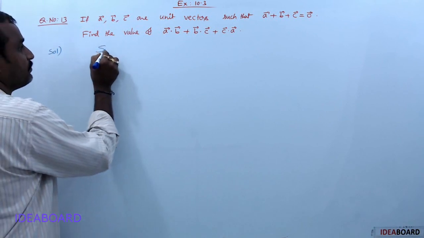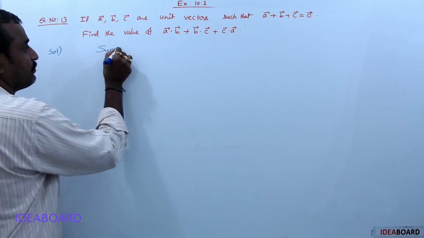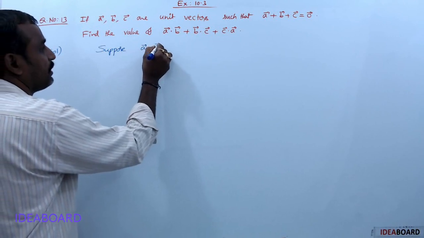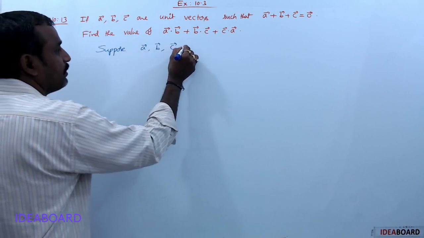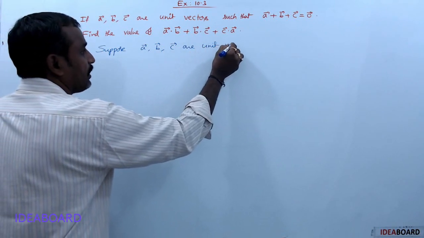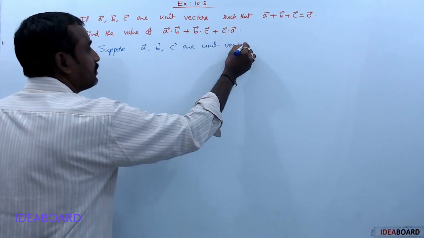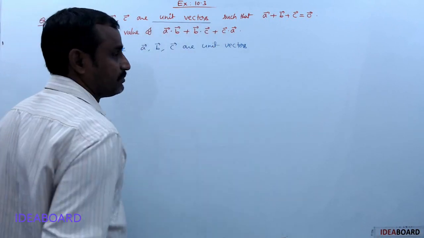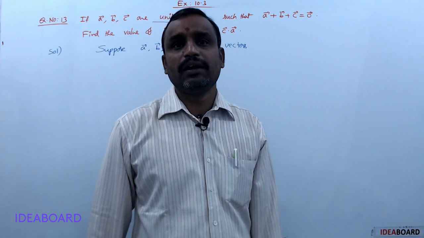Suppose a bar, b bar, c bar are unit vectors. According to the question, these three are unit vectors.